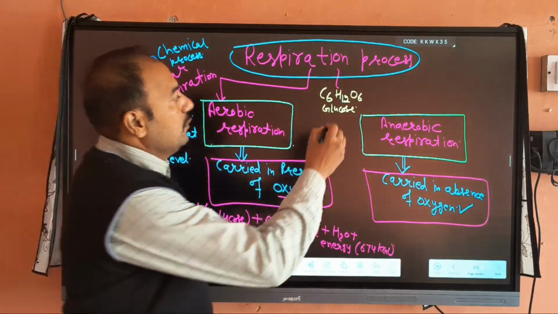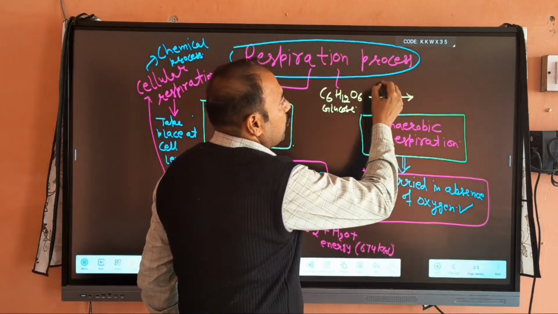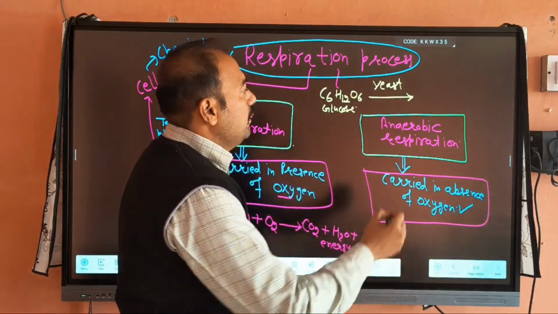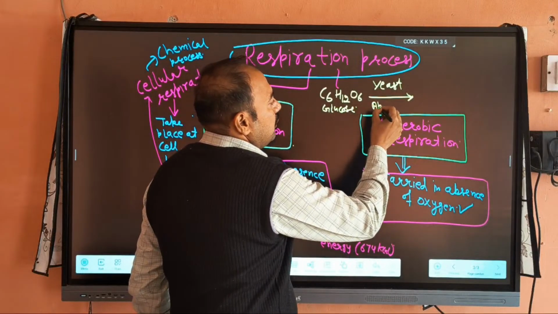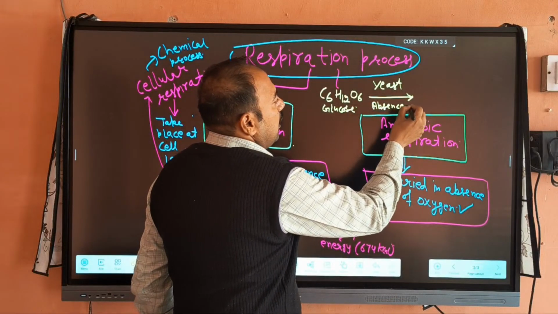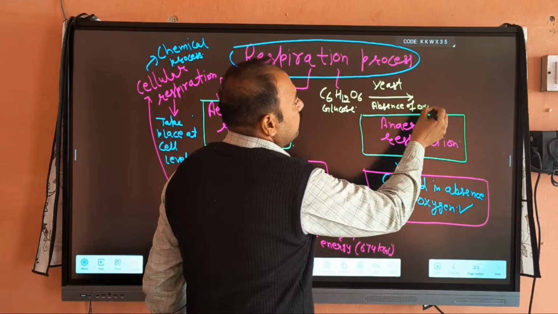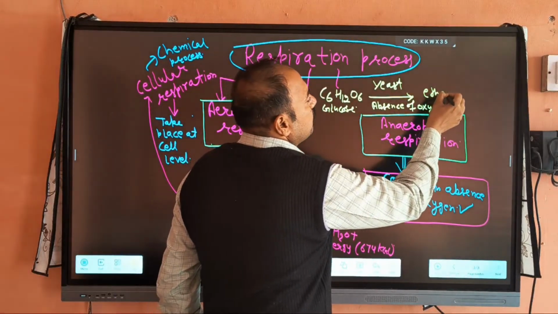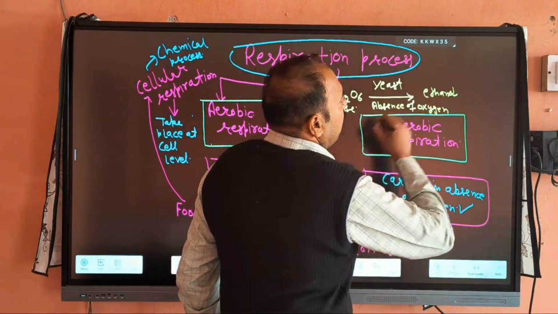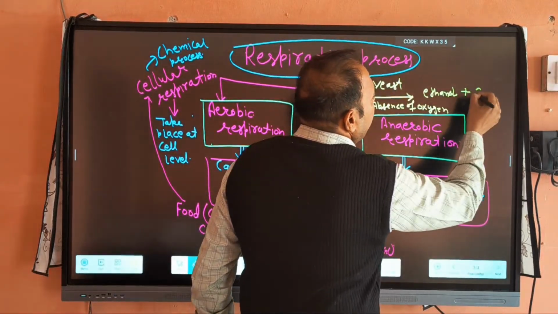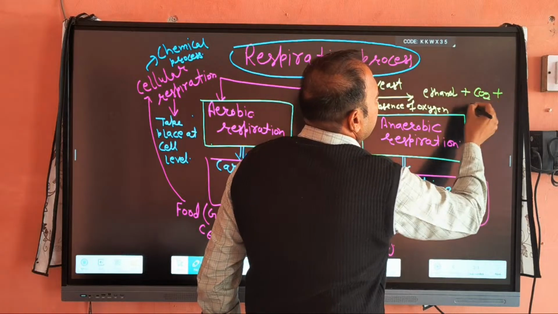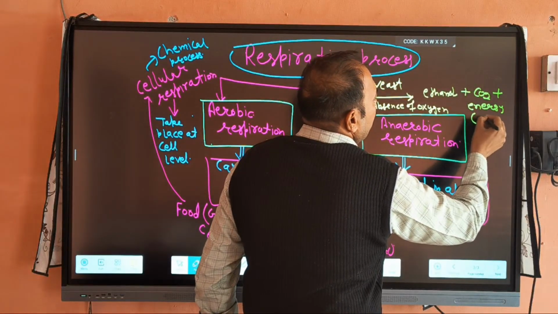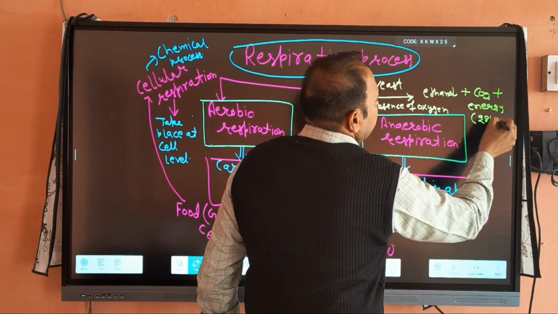This glucose, in yeast, which is a microorganism, in the absence of oxygen, produces ethanol plus CO2, carbon dioxide, plus energy. So how much energy is produced? 28 calories.